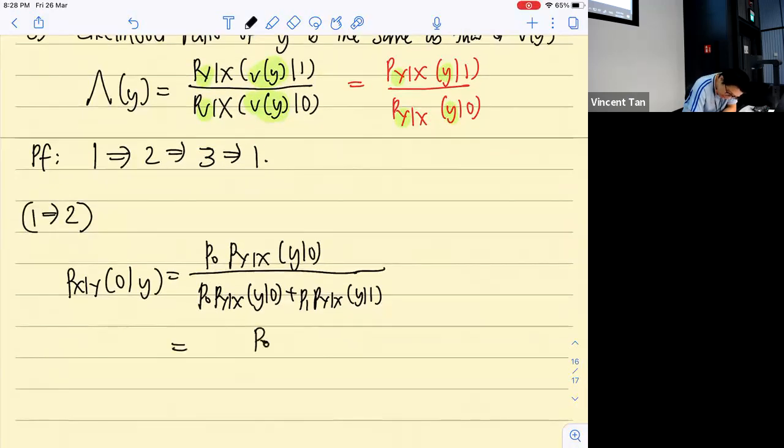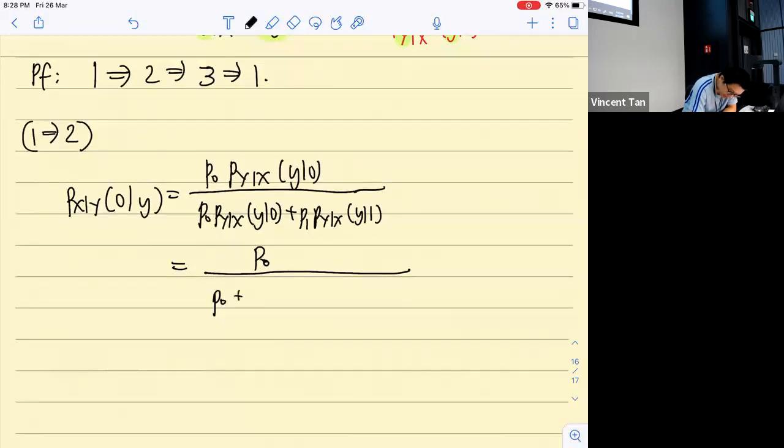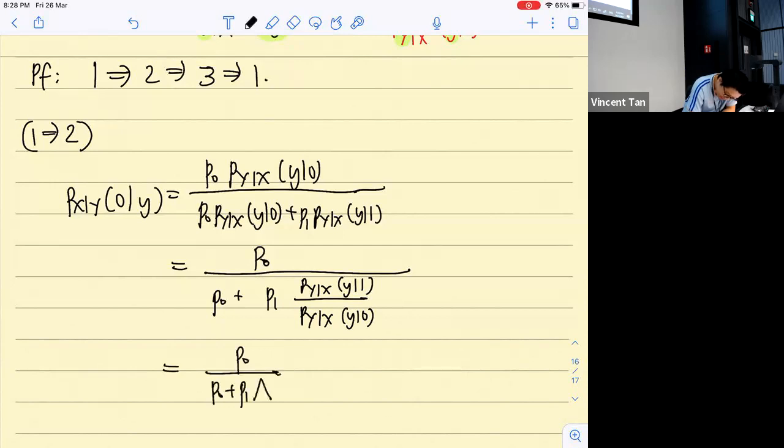So now we can divide the top and bottom by p1 p of y given x, y given 1 over p of y given x, y given 0. We're just dividing, no harm. So this is equal to, we can rewrite this as p0 over p0 plus p1 lambda(y).